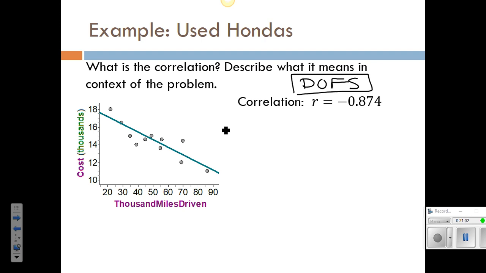Just in case we're unsure, it's approximately linear, right? And then what about the strength? Would you call it pretty strong, pretty weak? Because you can actually use this numeric value to tell. It's pretty strong. So we would say there is a negative, approximately linear, and strong what? Association. That's the key word there, Calvin. Association between the number of miles driven and the cost of a used Honda CR-V, right?